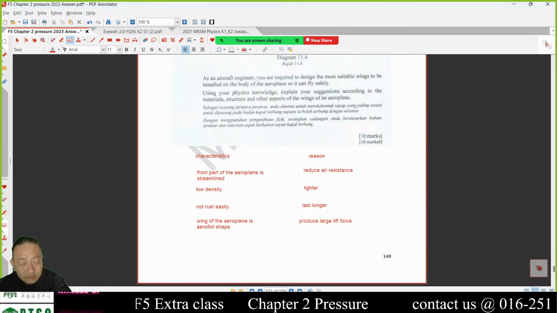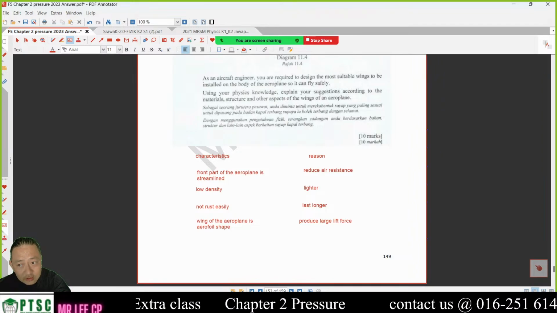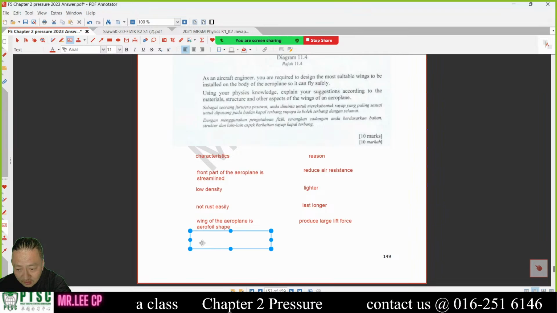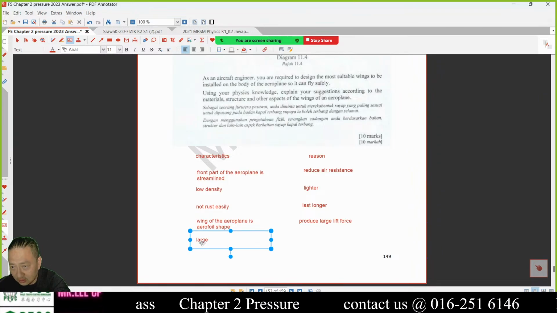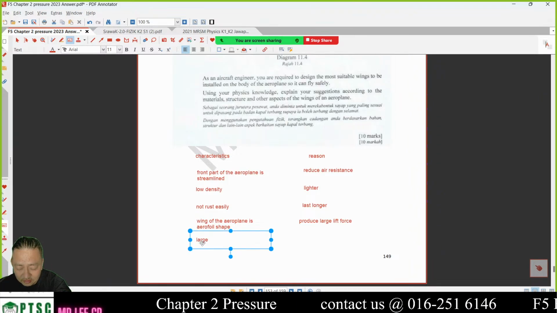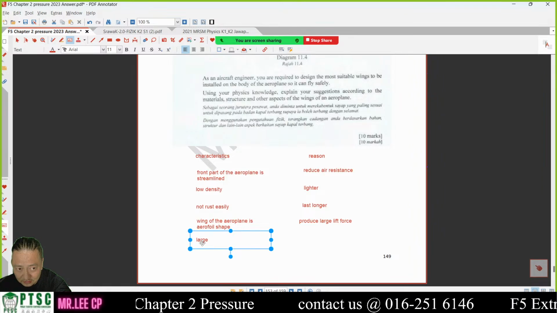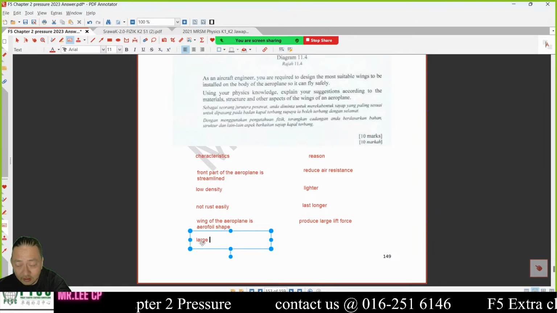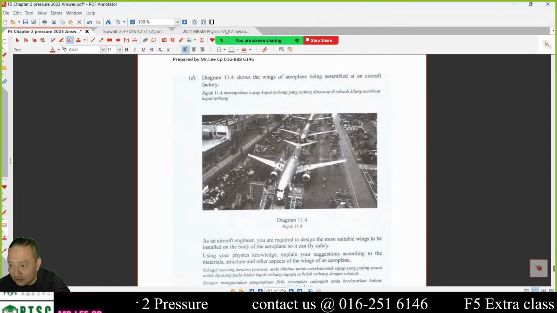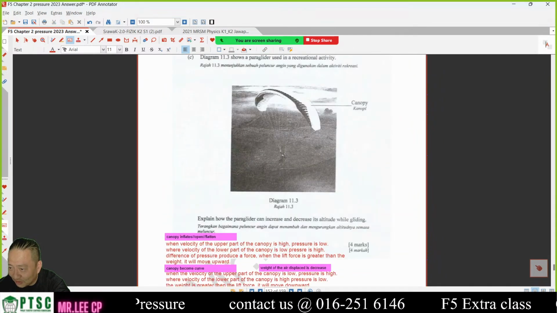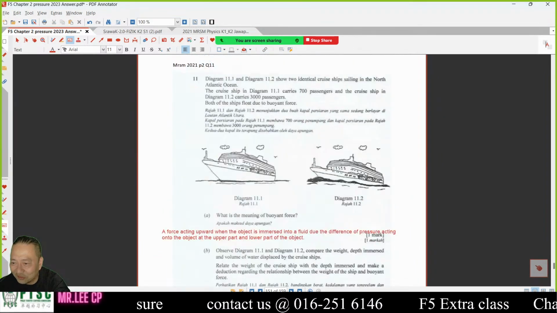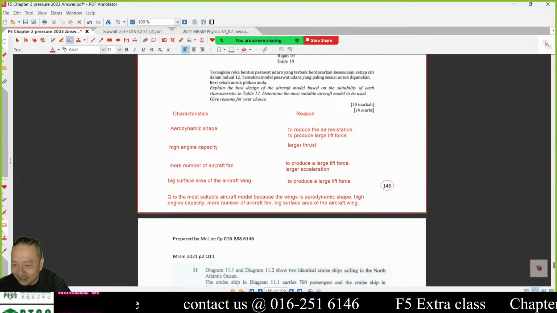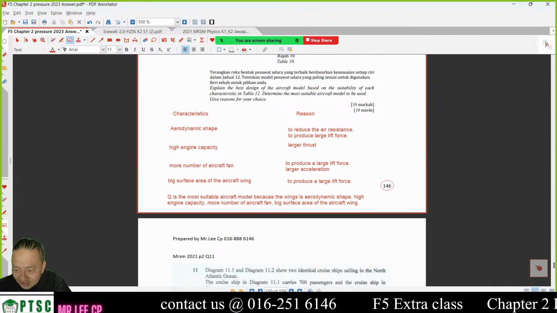Structure. What else? Large fan. What's that fan called already just now? I forgot. Larger aircraft fan.